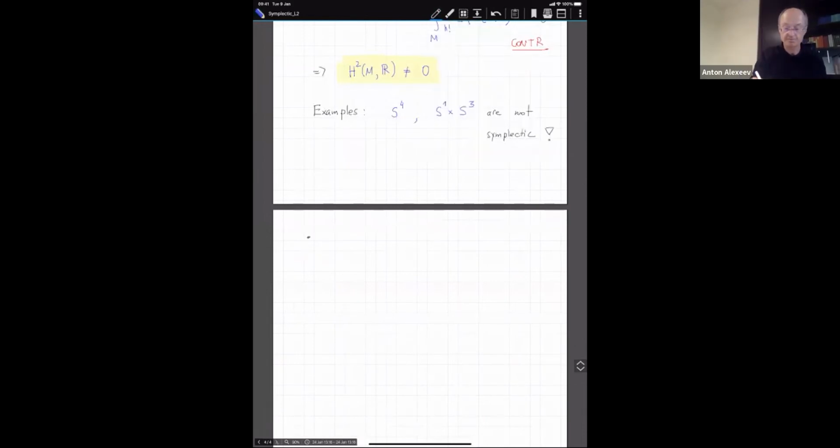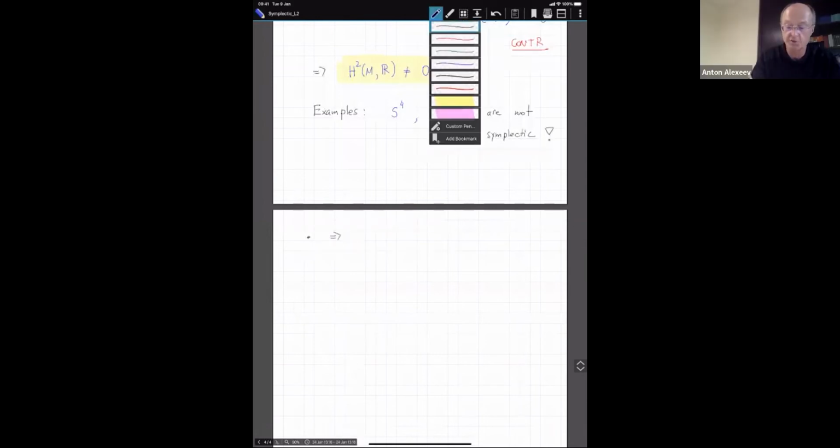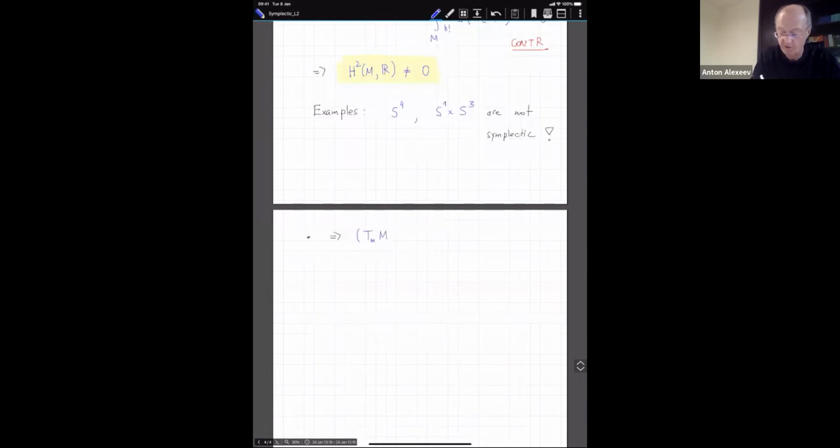Someone already mentioned that if the manifold is symplectic, then each tangent space, together with the value of the symplectic form at the point M, is a symplectic vector space.